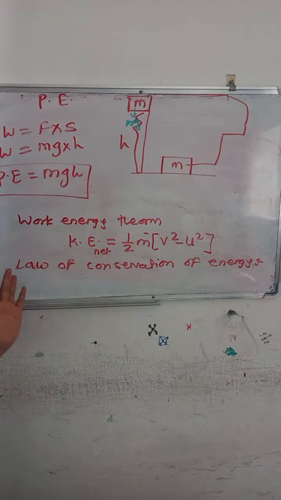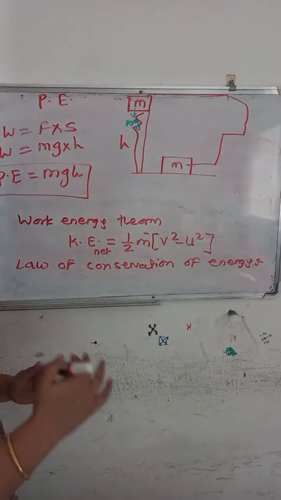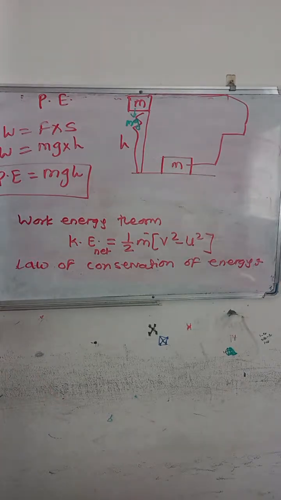This is the statement of the law of conservation of energy. I will repeat one more time. This law states that energy can neither be created nor destroyed, but we can convert it from one form to another. And hence we can say that the energy in the universe will remain constant. Understood up to here?